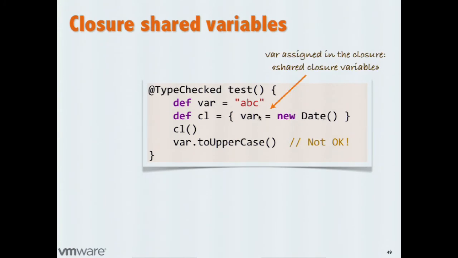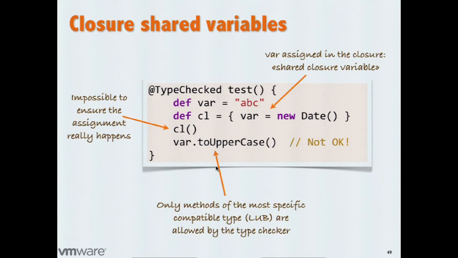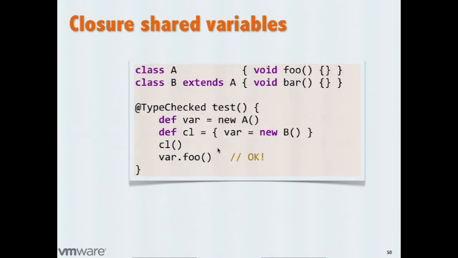Because we assign a different value here. Here it's obvious that we do change the variable, but you can't always know this is the case. So in the end, what you can call here is the lowest upper bound, and perhaps it's better illustrated with this other example.